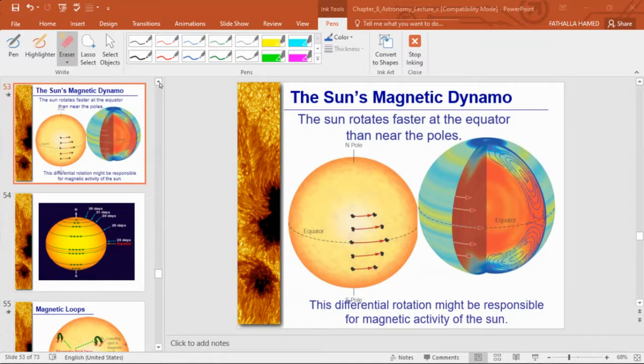We do have reactions here which can produce neutrinos, and sometimes they go very deep in mines to try to measure this solar neutrino. And then we talked about sunspots, and we said that the sunspots have lower temperature than the average temperature of the surface of the sun, and that's why they look darker in comparison to the surface of the sun.